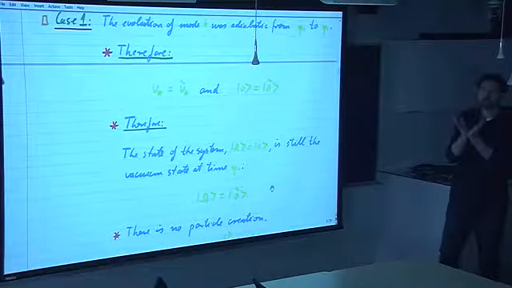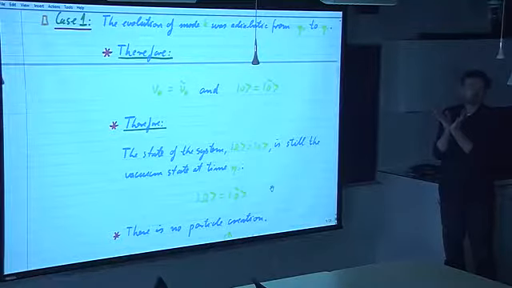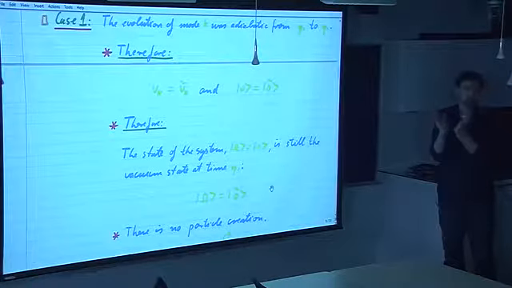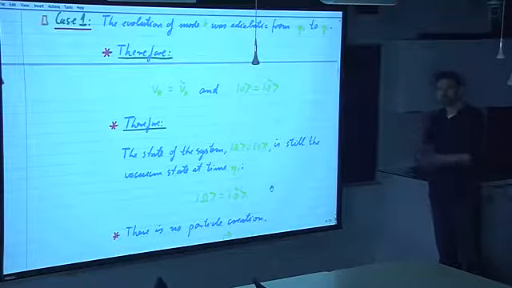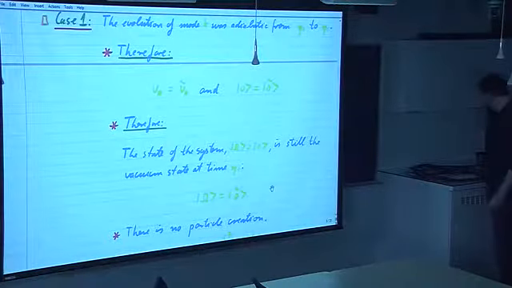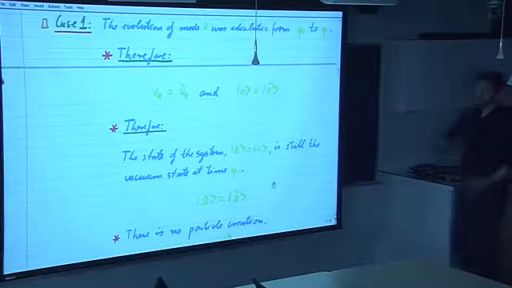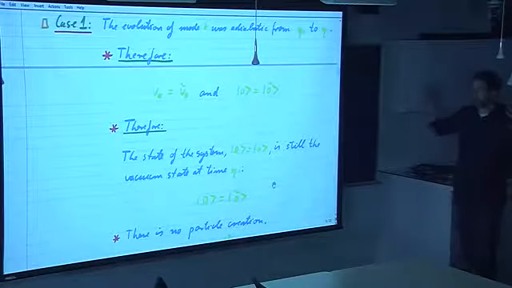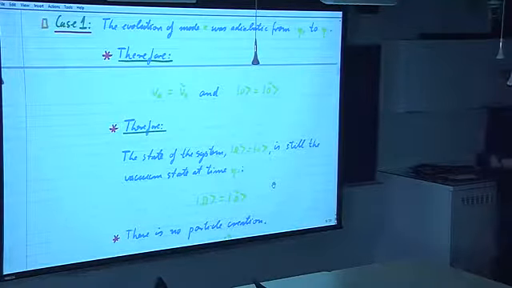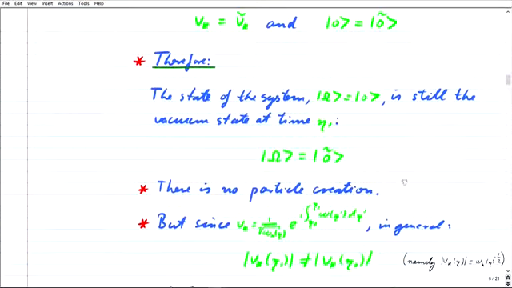Even if you change the frequency of a harmonic oscillator a lot, if you do it slowly, the fifth state will go into the fifth state, and the ground state will go into the ground state. And so similarly with the quantum field, if you evolve the space-time underneath it slowly, so that the modes change slowly, then there should not be any particle creation. Okay, so that's not so surprising.